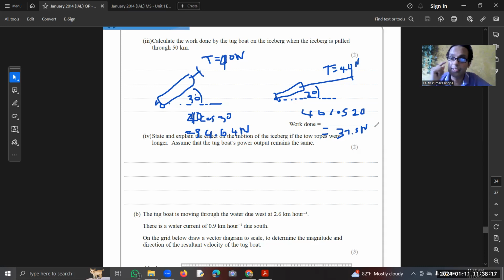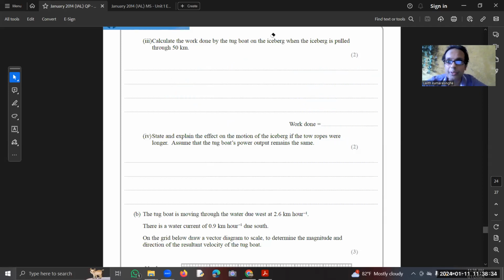Now, some questions ask why there is no vertical work done. The vertical component is there, but there is no distance moved in the vertical direction. And you may have done the two horses sums. Similar. Two horses are towing like this, but not the tugboat.